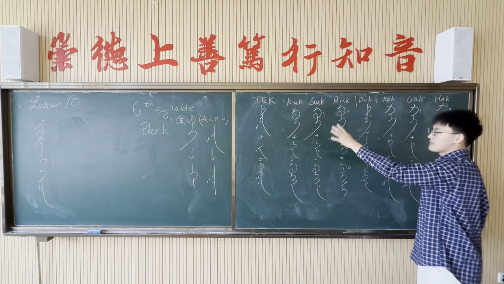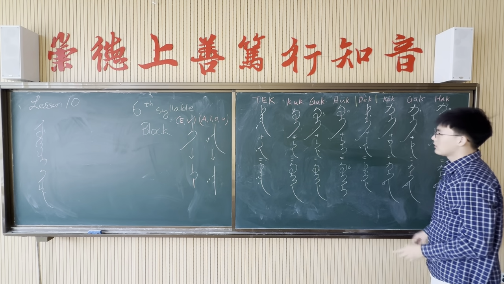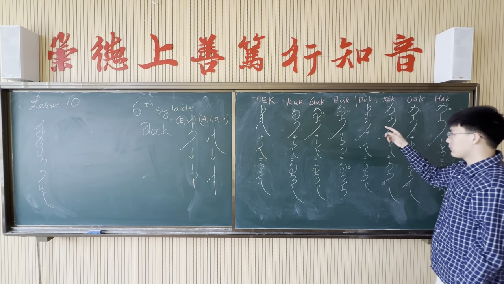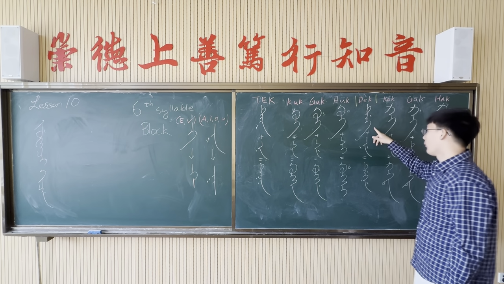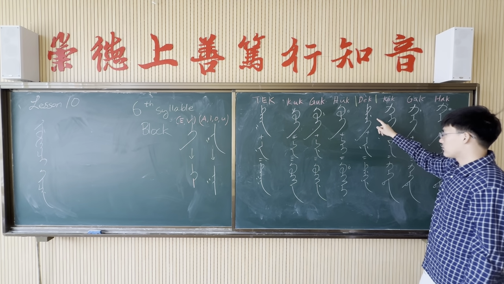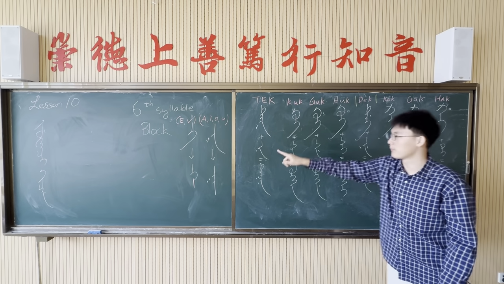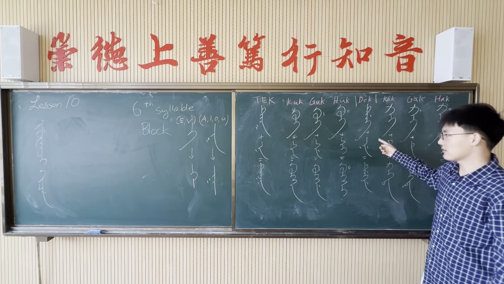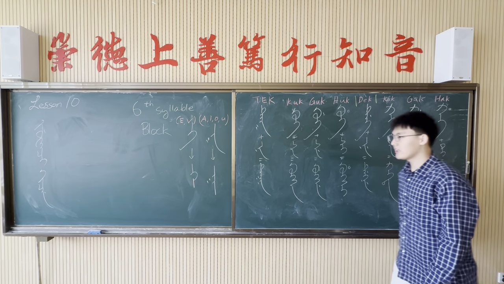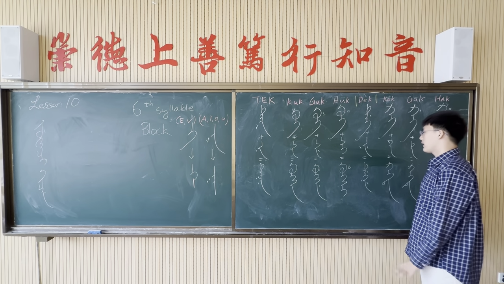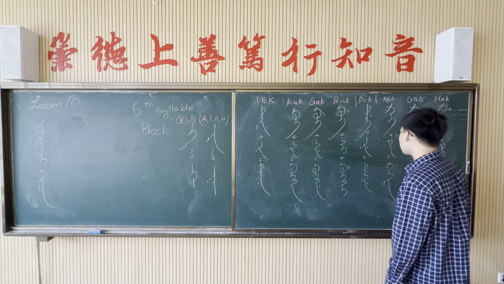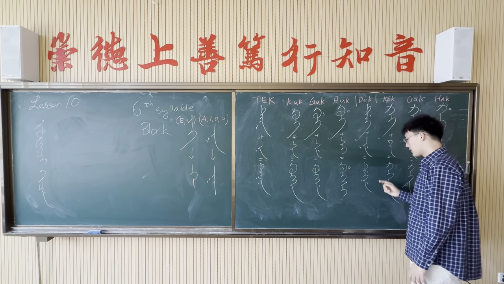The only difference is that tuk has a dot, so you want to make sure that you don't mix it up. It's only took that's a special word, and tuk is a normal character that follows this rule. So I wrote it here so you can compare them and make sure that you don't mix it up. For practice purposes, we can connect tuk with ne, so it becomes tuk ne.